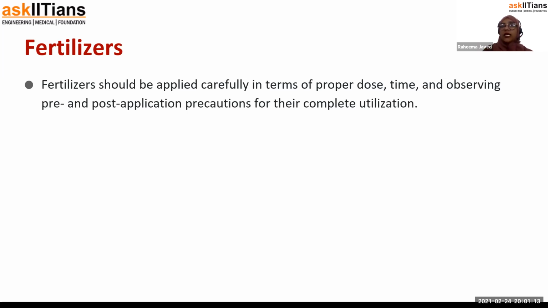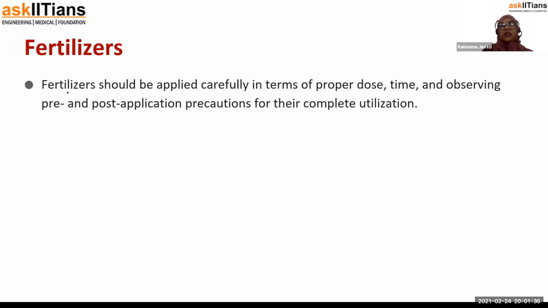With the use of fertilizers and pesticides, the production of high yielding varieties was increased in the fields of the poor farmers, as we discussed in the previous video. So fertilizers are basically chemical.